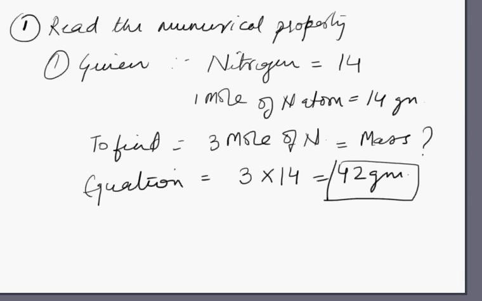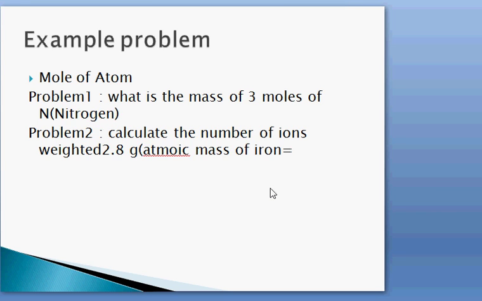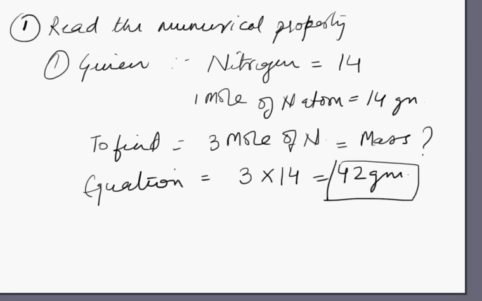Now let's come to the second problem. The second problem says, calculate the number of atoms in iron weighing 2.8 grams, where the atomic mass of iron is 56. That is, it is asking for the number of atoms. Now let's start the calculation of the next problem, like we did in the first.